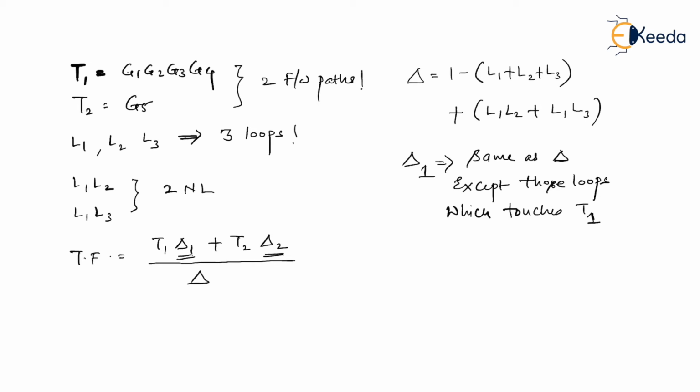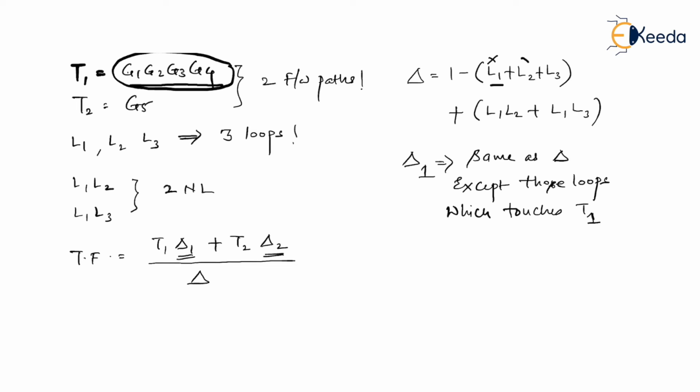If you look at T1, it is G1, G2, G3, G4, and it touches all the nodes. Am I right? Therefore, I'll look at delta. Can I say that L1 I need to remove because G1, G2, G3, G4 is touching all the nodes. So I have to remove L1 from delta because it is touching T1.